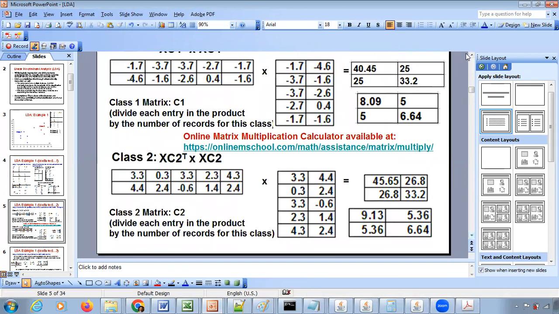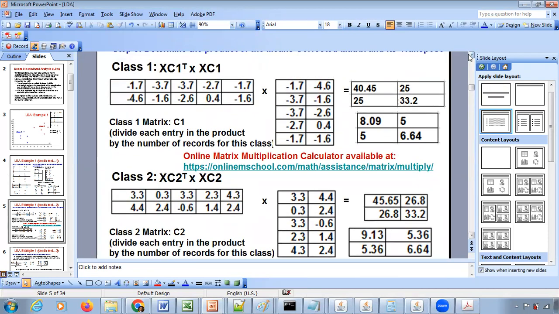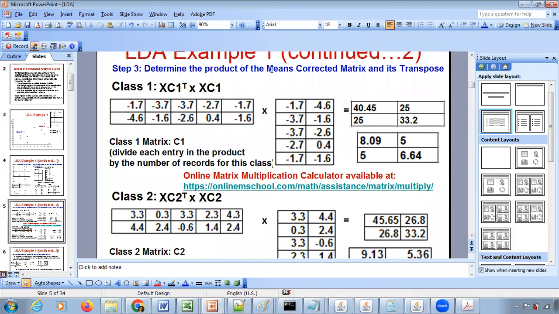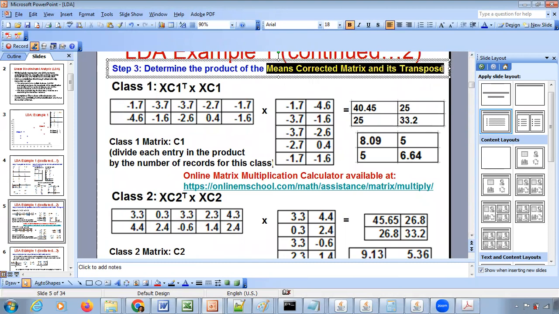And the third step is to determine the product of the means corrected matrix and its transpose. You know what transpose is? So this is our means corrected matrix for class 1, XC1. If you transpose it, the columns become the rows, and vice versa. It means the rows become the columns.